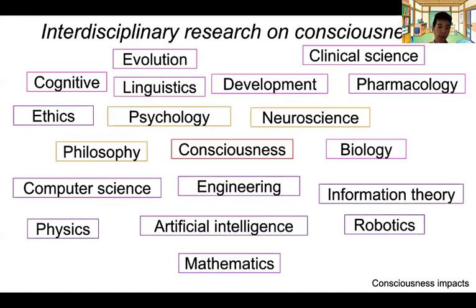Collaboration with engineers, computer scientists, physicists, mathematicians, artificial intelligence, robotics, and information theory is becoming more and more important. So into the future, you may see consciousness research extending into different kinds of fields, and if you are working not in consciousness research right now, but in these surrounding areas, maybe we'll have potential collaboration into the future.